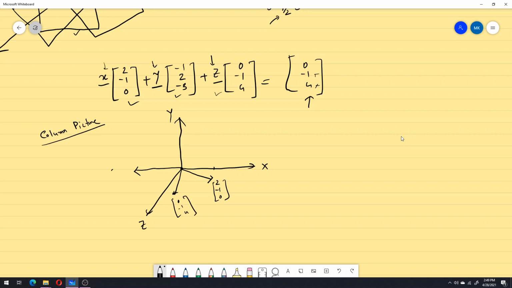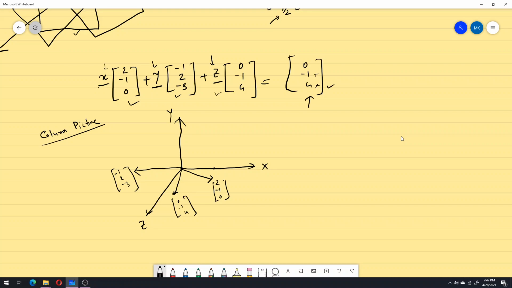This is negative 1, 2, minus 3. Now you have to find one particular combination of x, y, and z so that you get this solution.